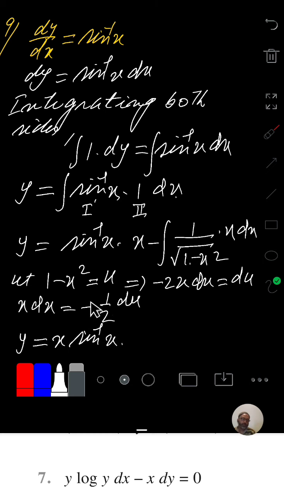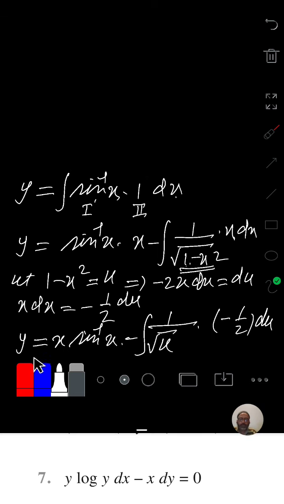Remember, this substitution is made only for this integrand, so this term should be written as it is, x sine inverse x minus integral x dx becomes minus half du, and this is taken as u. So 1 upon under root u into minus half.